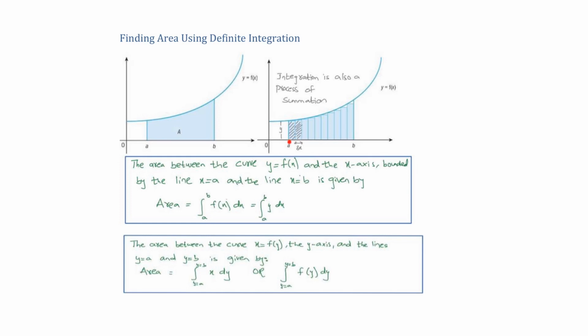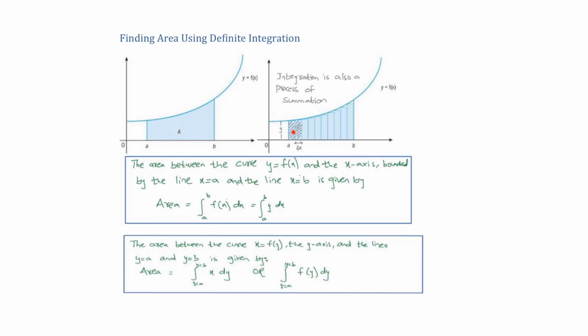So integration is also a process of summation. If you can visualize this as breaking up this entire portion into smaller and smaller rectangles such that the width of each rectangle is delta x and the height is the value of the function itself.